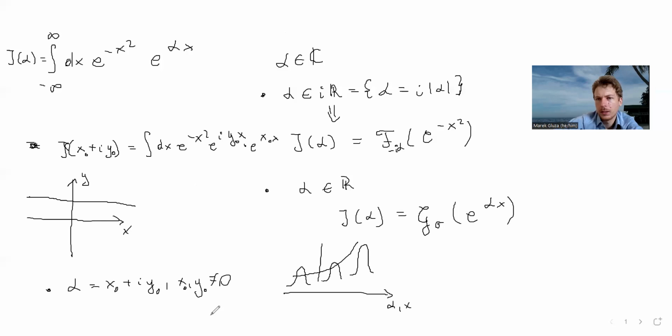So we have a combination of both those things. This will be a Fourier transform of a shifted Gaussian kernel. Okay, so let's start computing those things.